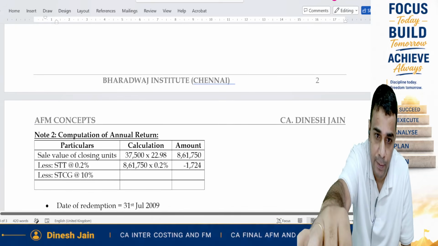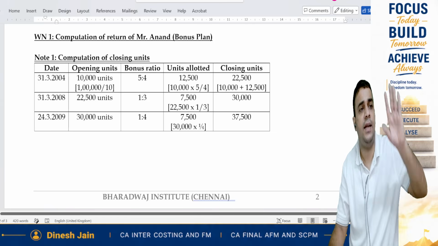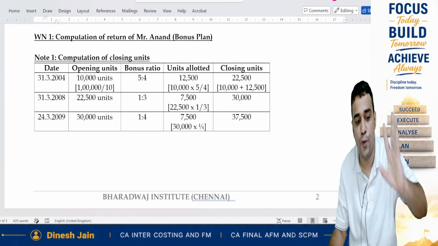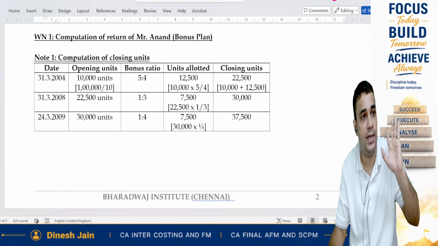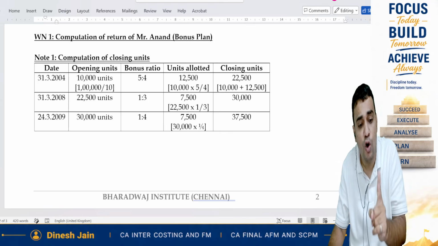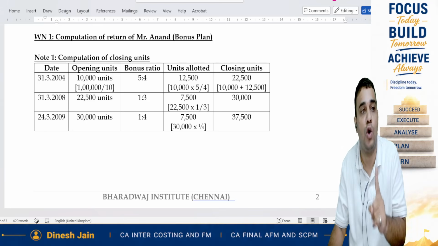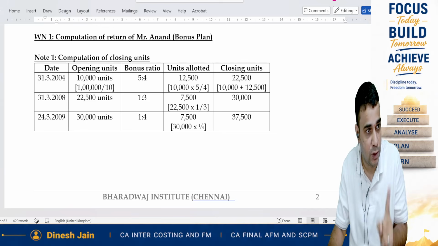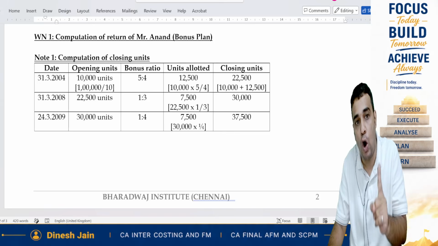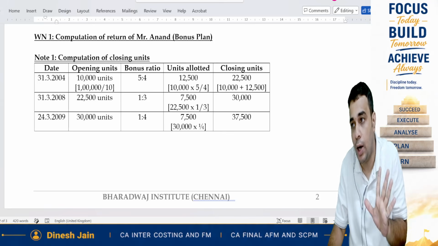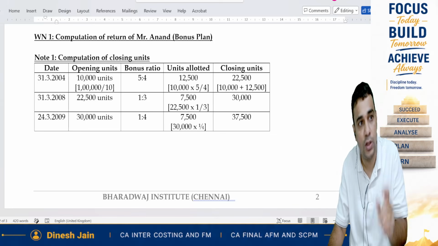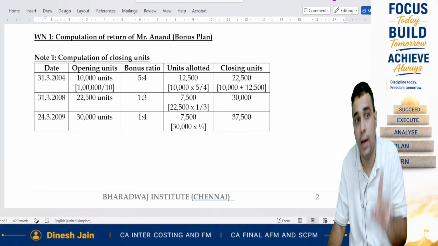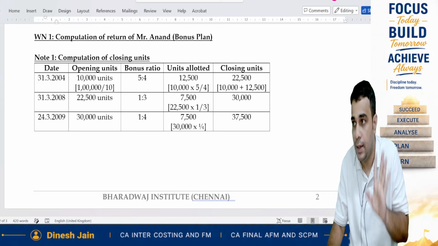Going back to the earlier table, originally 10,000 came, that is LTCG. 2004 is LTCG. 2008 is also LTCG. 24th March 2009 is short term capital gain.